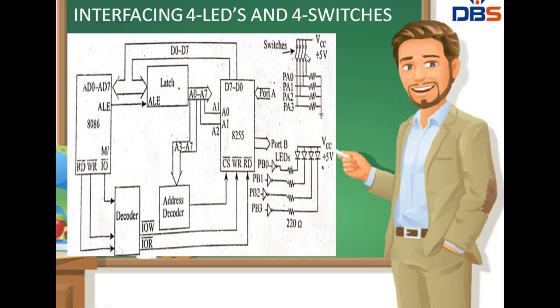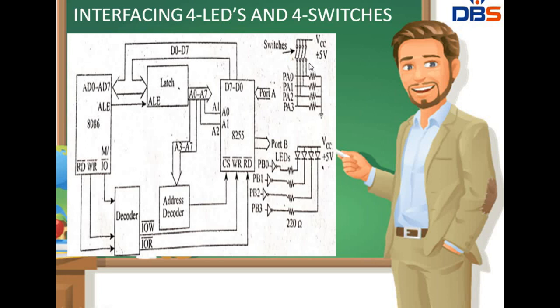Whenever the switches are open, all 4 pins are connected to 0, and when the switches are closed, all these pins are connected to VCC. The lower order 4 bits of port B act as output.